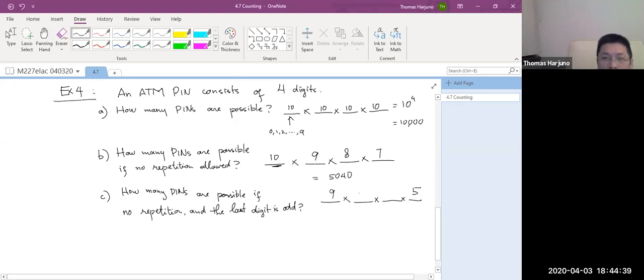And then 8 here, and then 7 here. Which when we multiply it, we will get 2,520. Now, again, if I give you 3 points for part C, then I give you only 1 point for this and 2 points for this.